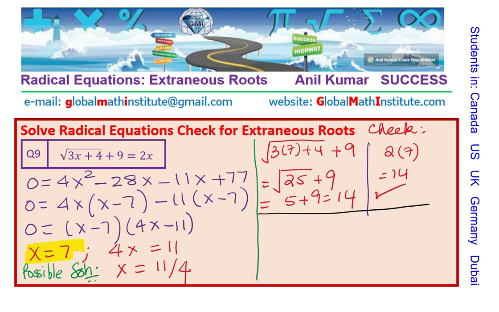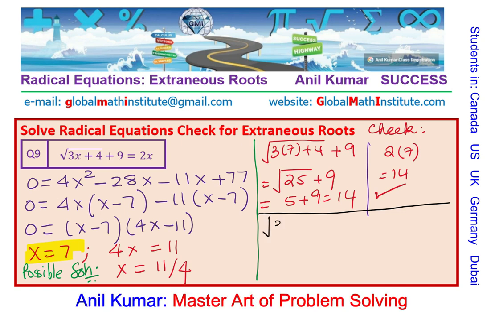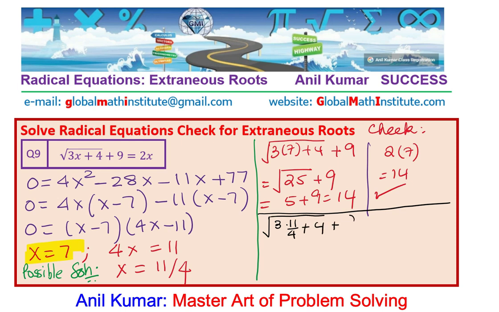Now let's check 11 by 4. So in the square root, if I put 11 by 4 plus 4, plus 9, so with 4 as the common denominator, I get half outside. Square root of 33 plus 16, right? Plus 9. This is half of square root of 49, so I get 7, right? Plus 9, correct? And on the right hand side, it is 2 times 11 by 4, right?